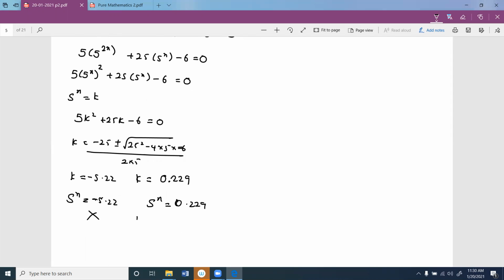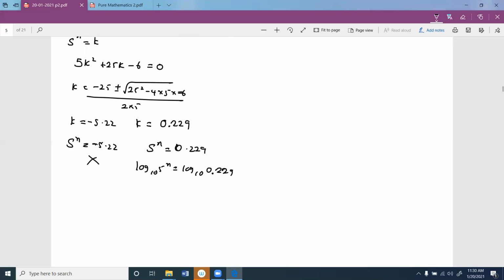But for this part, you can get the answer 0.229. That is, log 10 of 5 to the power x is equal to log 10 of 0.229. Then x times log 10 of 5 is equal to log 10 of 0.229.